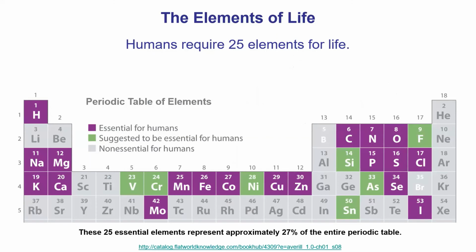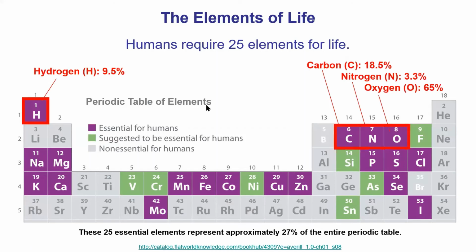So, chemistry review. Here's the periodic table. I've cut out the bottom part of the periodic table because it's not really that important to human biology. This is showing the elements that are essential for human life. You can see there are 25 on that list, and there are a few that might be important. We're still learning about that biology.